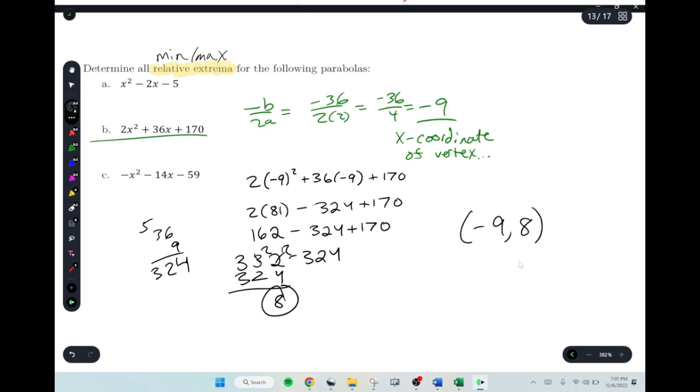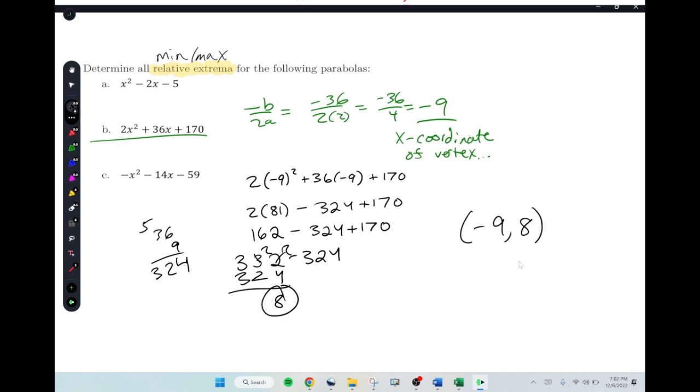No? Oh, did I do the math bad? Well, what did I do wrong then? Are you sure? Well, I could have messed up negative b over 2a. Negative 36 over 2. No, it should be negative 9. That doesn't mean I did all that little arithmetic right, but go slower on your test.